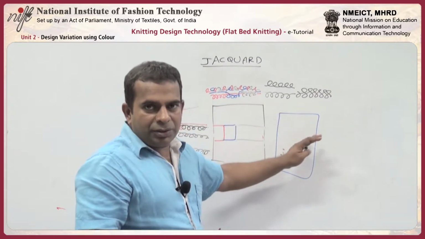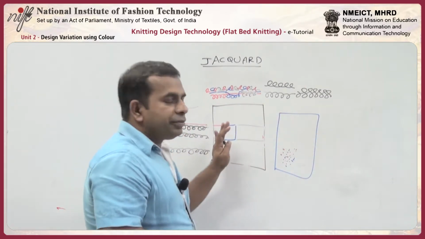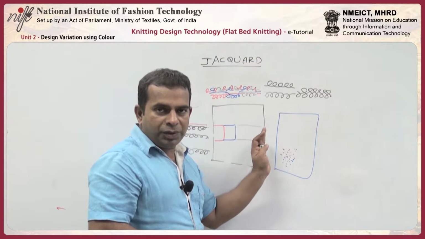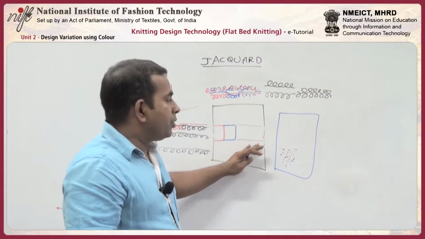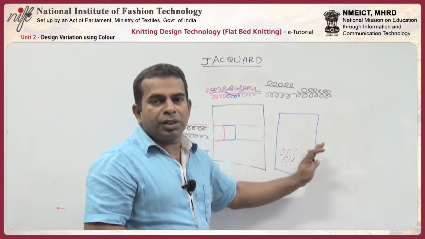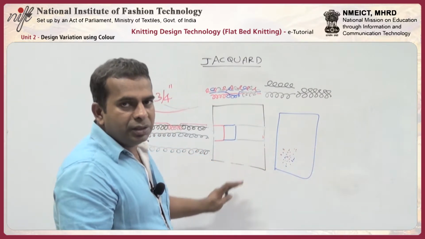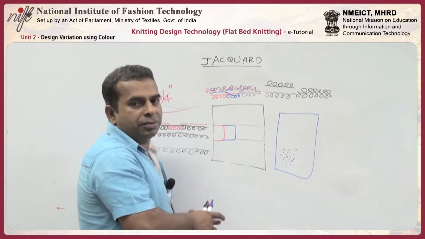The advantage of bird's eye jacquard is, we can have whatever number of colors we want, we can have whatever kind of designs we want, we still will be able to knit it. But then the disadvantage is it is one of the heaviest jacquards.